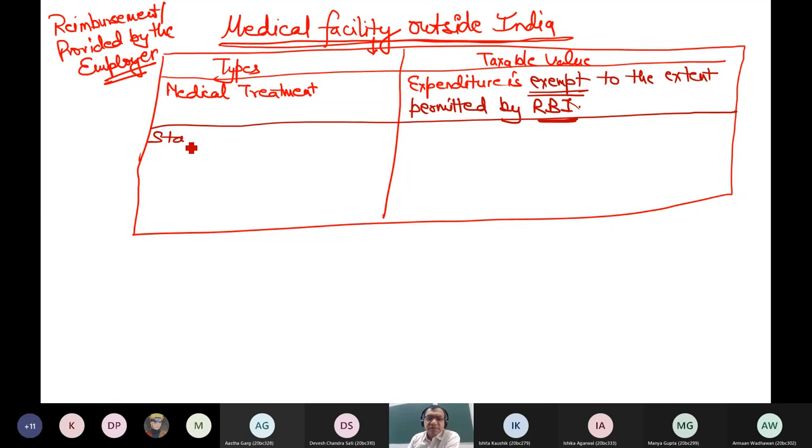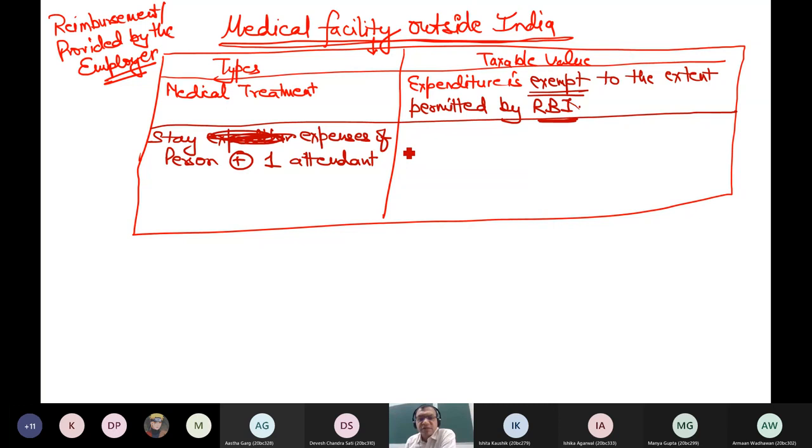Then stay expenses, the stay expenditure of two people: the person who is ill plus one attendant. Stay expenses of the person and one attendant.